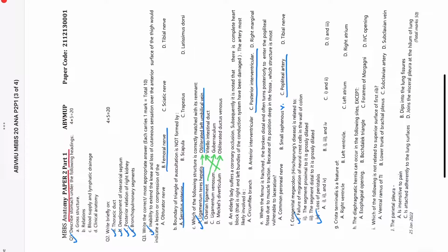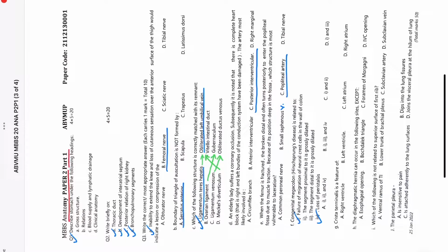Now, if there is loss of peristalsis in a certain segment of the intestine, let me tell you that this is more commonly in the distal rectum portion. So, obviously, there will be narrowing of the colon distal to this segment where there are no ganglionic cells.